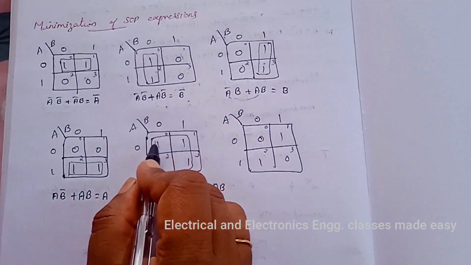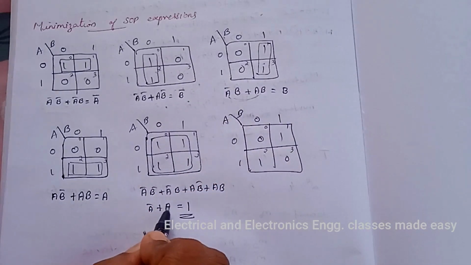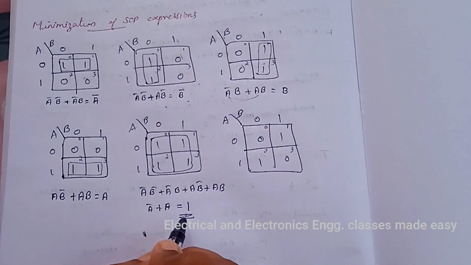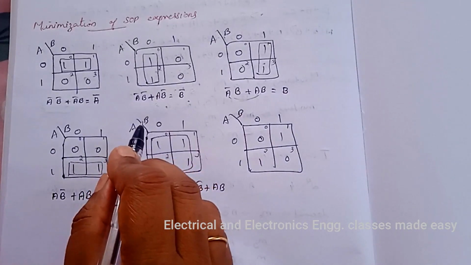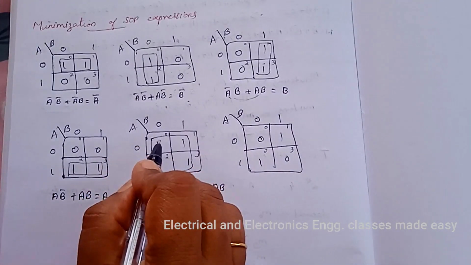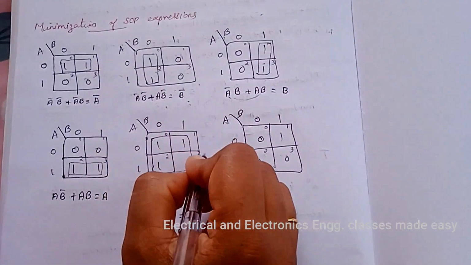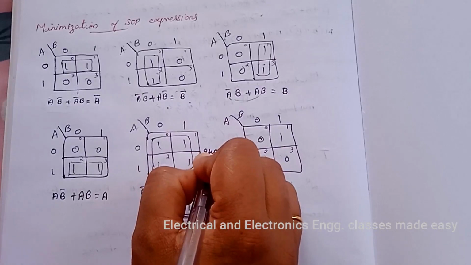So if all the minterms are equal to 1, then we will get the answer as 1. That is, the two variables are eliminated, and a 4 square is called a quad.